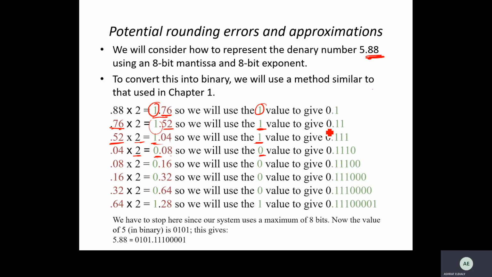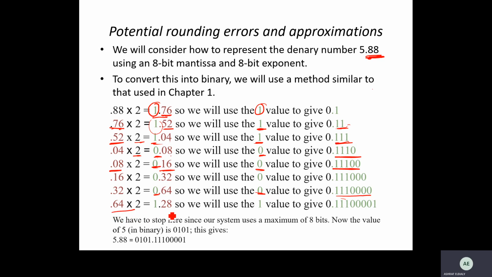As you can see here, 1, 1, 1, 0. Then 0.16 is going to be multiplied by 2, so we will now use the value of 0, and then the binary value will be 1, 1, 1, 0, 0, and so on, until you reach 0.64 times 2.